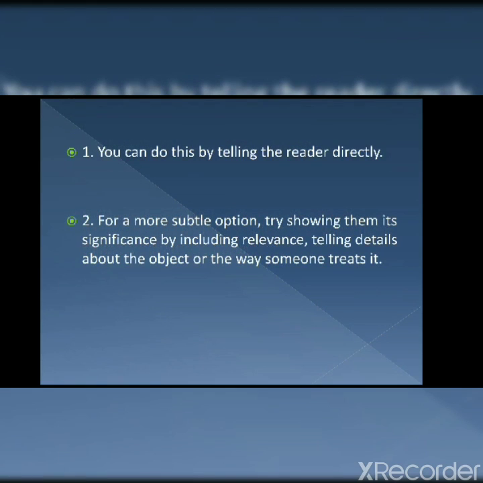You can do this by telling the reader directly, or for a more subtle option, try showing them its significance by including relevant, telling details about the object or the way someone treats it. You can show its importance by telling the readers how someone is treating that object.